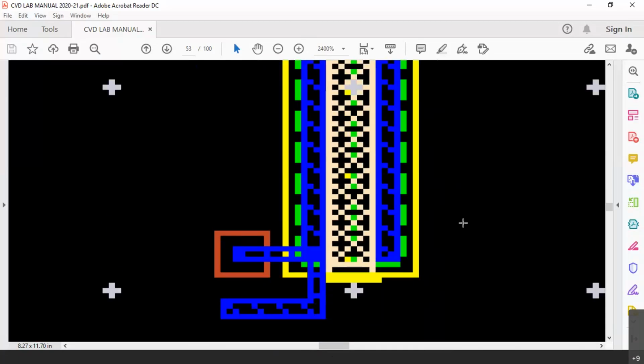Ultimately, layout is a personal style or it's an art. Our idea is that DRC check, LVS check, RCX check should happen, and the layout must be ready to be fabricated with all the design rules met, and with the area as minimum as possible, performance as maximum as possible. That is the idea.